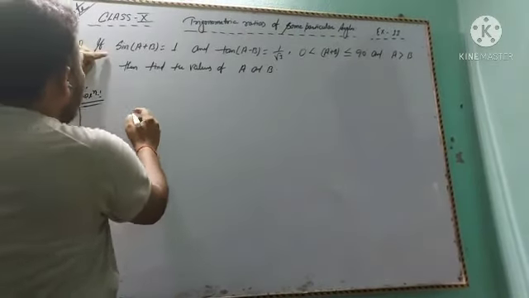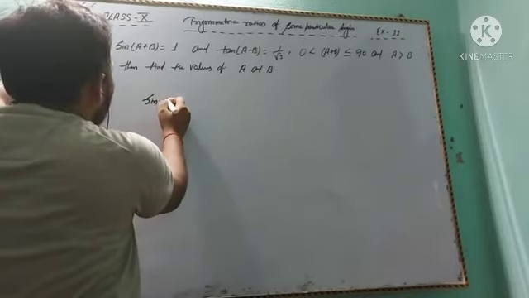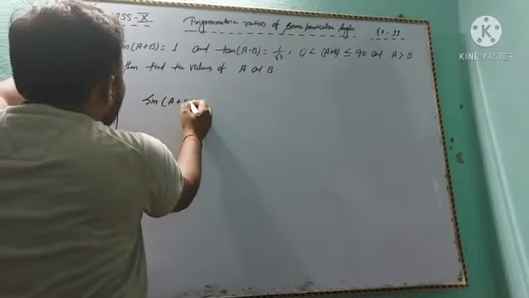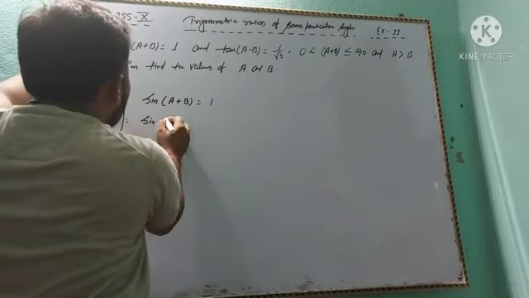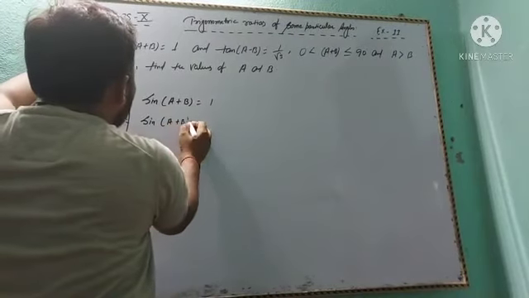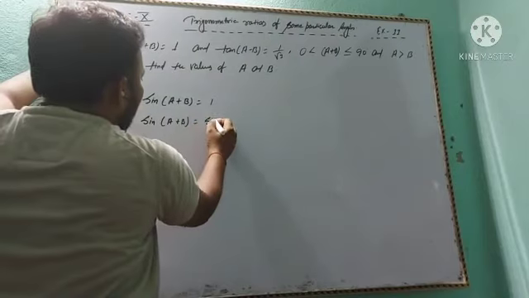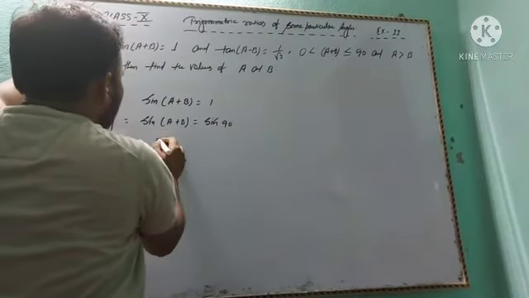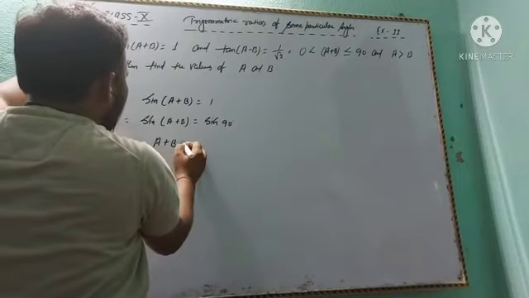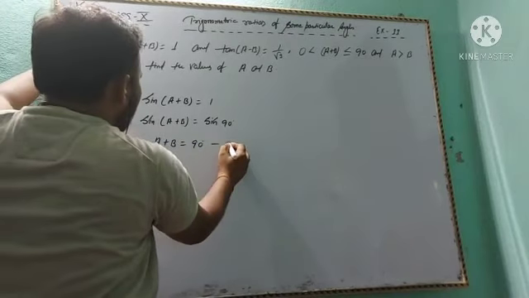Here given that sin (A plus B) is equal to 1. So we write sin (A plus B) is equal to sin 90 degree. Sin is cancelled, that is A plus B is equal to 90 degree, equation first.